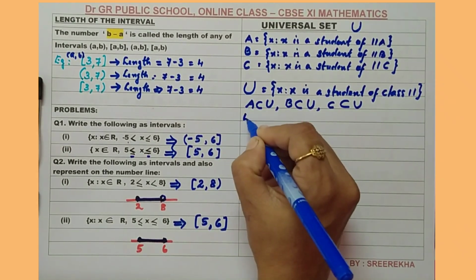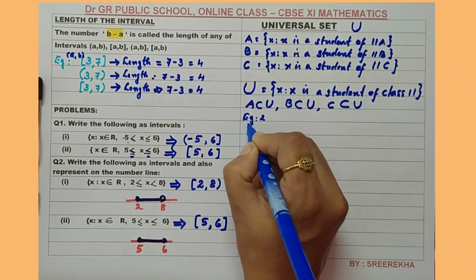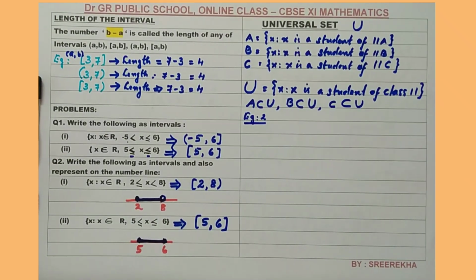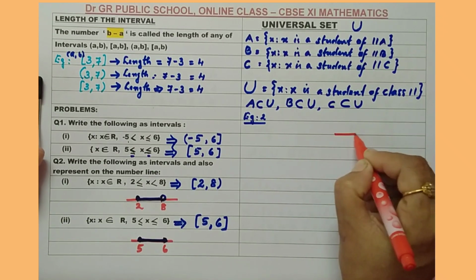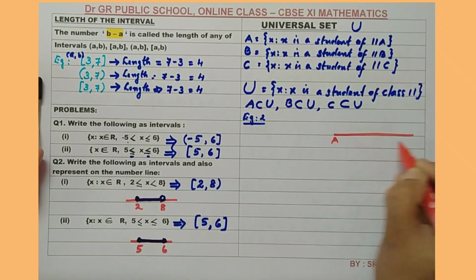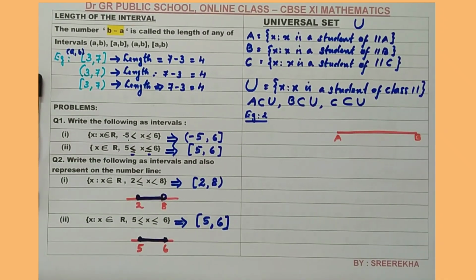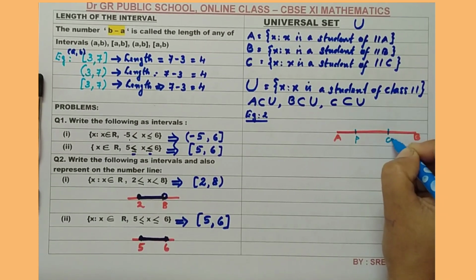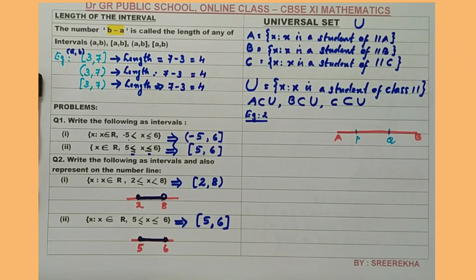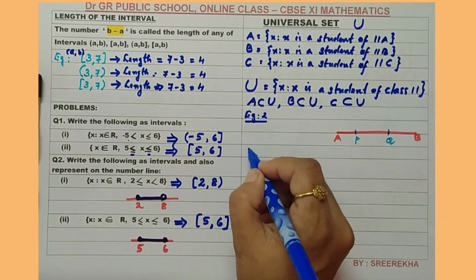Consider another example, example 2. Consider a line segment AB in which I am going to represent 2 points P and Q. Now, 3 sets are under my consideration.